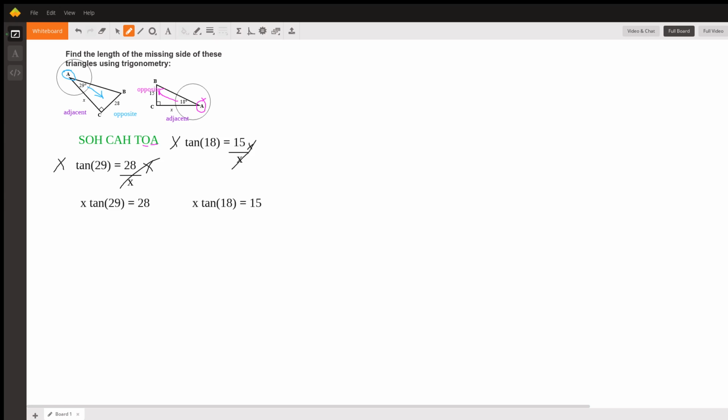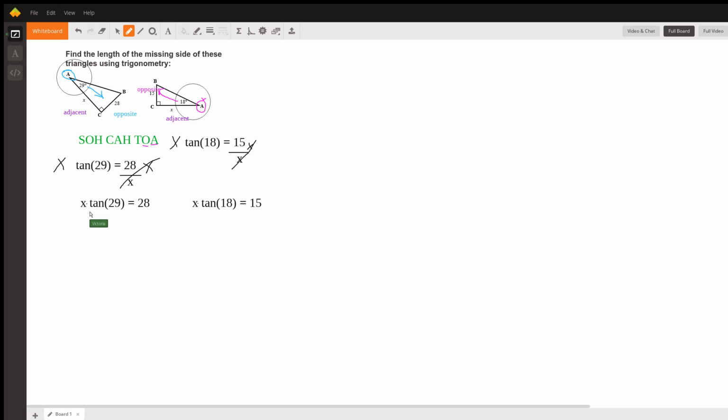Now, if I want X to be all by itself, then I have to get rid of that tangent of 29. Or if you're over here, I have to get rid of this tangent of 18. Because these are multiplied, the undoing of multiplying is dividing.